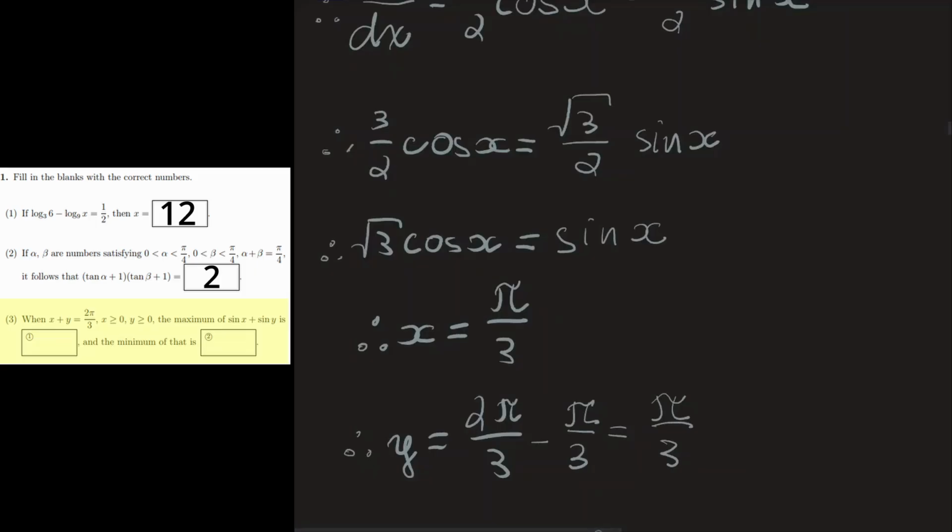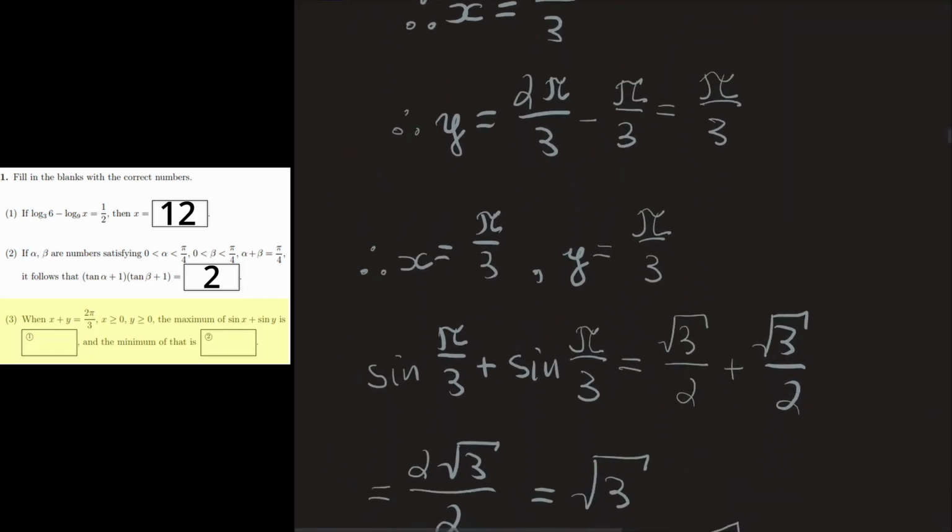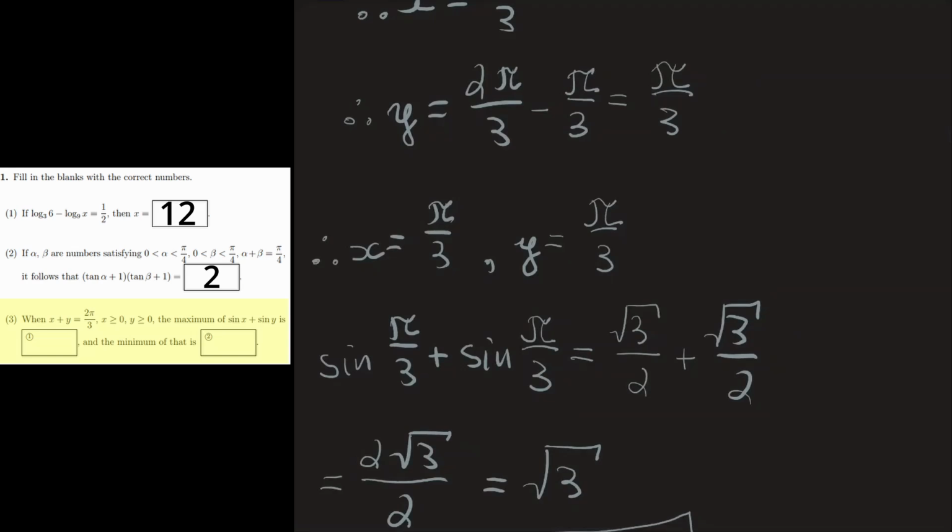Now let's try pi over 3 for x. First, we use this value to find y, which is also just pi over 3. Then we plug these values in. We find sine of pi over 3 plus sine of pi over 3, which is equal to 2 times the square root of 3 over 2, which is just equal to the square root of 3.